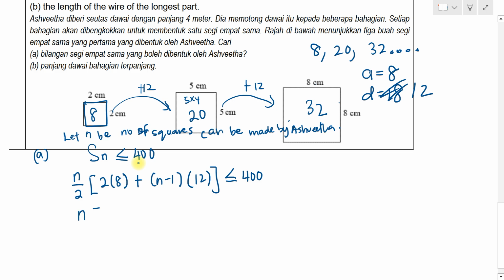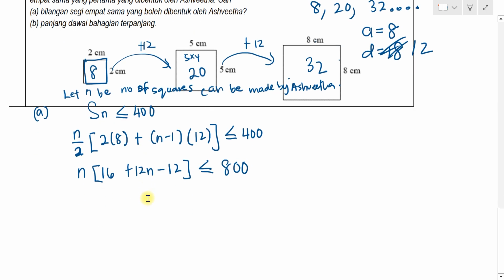So the 2 I want to bring over there. Here we get 16 plus 12n minus 12. The over 2 here just now comes here, becomes 800.